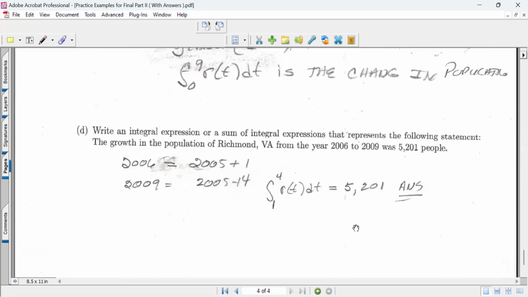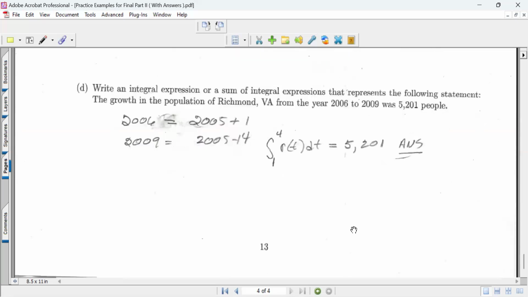It's such an easy problem once it's explained that you wonder why it is put here, but it's making you think. There's no math involved here, no calculus involved here, but just describing what is going on.